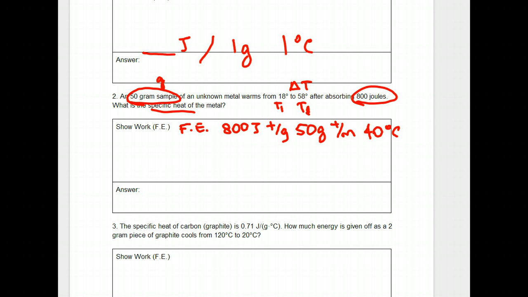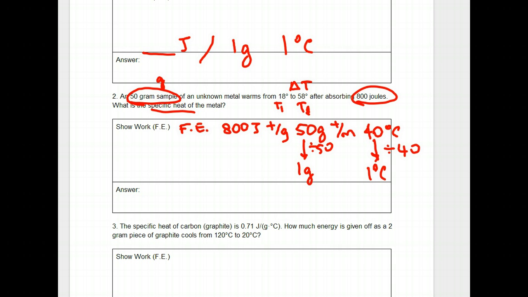That is not what we have right now, because we have 50 grams and 40 degrees Celsius. So 50 grams, we're going to need to divide that by 50 to get 1 gram, and 40 degrees to move to 1 degree, we would have to divide that by 40.